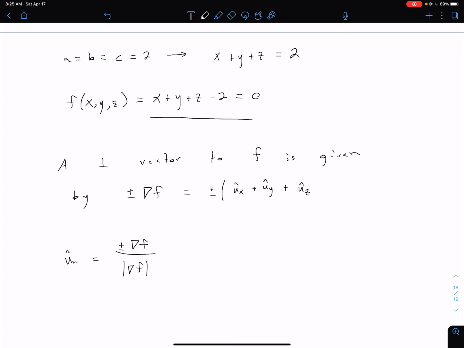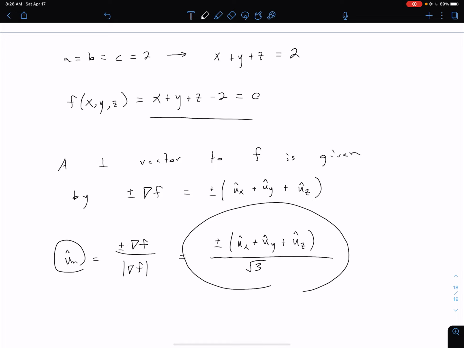And then that 2 is going to go away, so we're just left with those 3 items there. If we plug in down here, we can see that the magnitude of this is going to be 3. So we're going to have that same plus or minus u_x plus u_y plus u_z, which is our plus or minus del f, and then the magnitude is just going to be the square root of 1 squared plus 1 squared plus 1 squared, or the square root of 3.